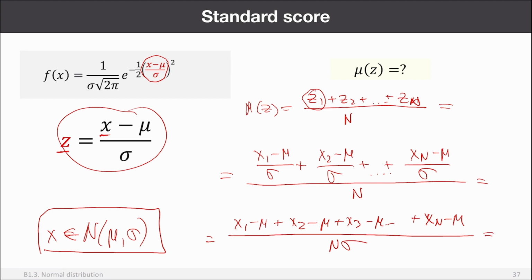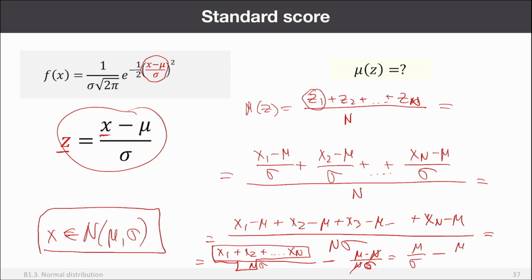Which is x1 plus x2 plus and so on plus xn divided by n sigma, minus mu times n divided by n sigma. Now, what is this? This is exactly mu. So we'll have mu divided by sigma minus, and n cancels out, mu divided by sigma, which is equal to 0. So it means that the average of z values is always 0.